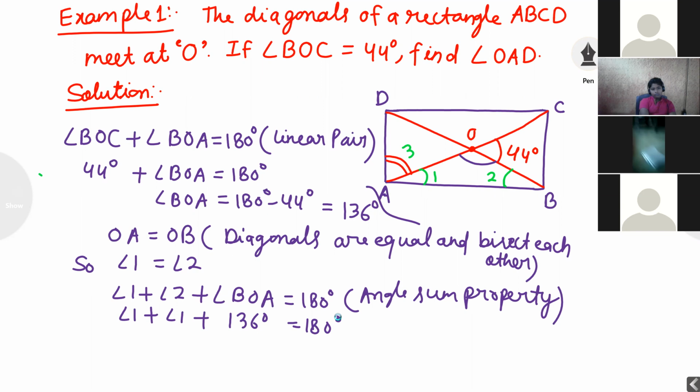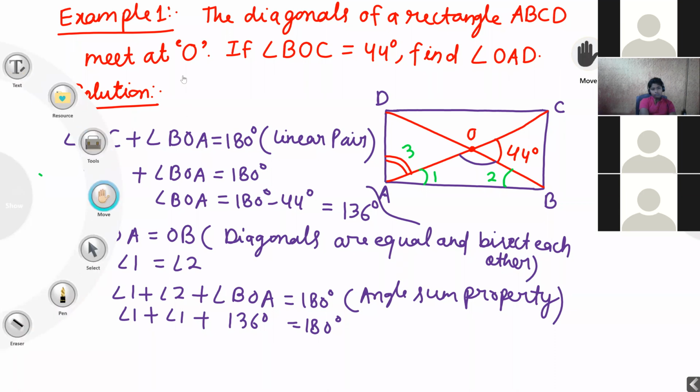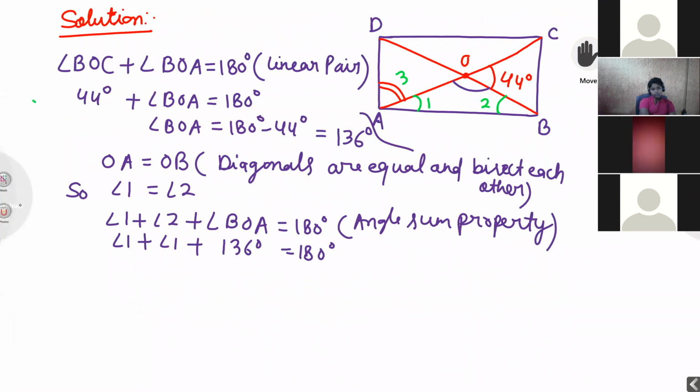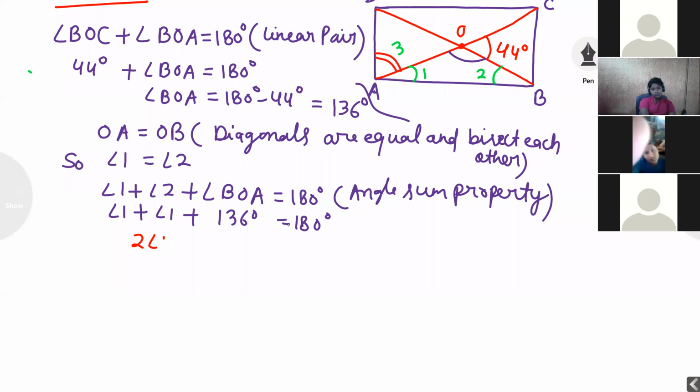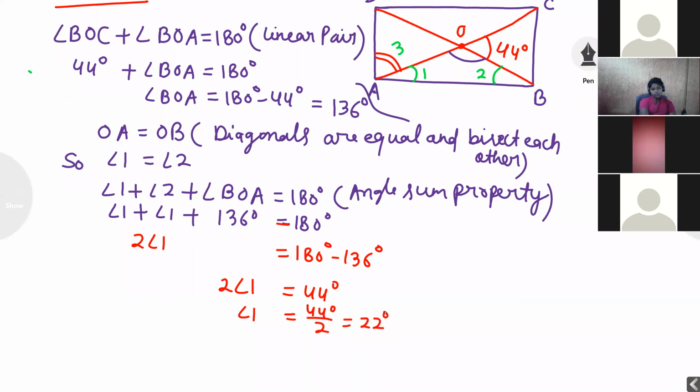Now angle 1 plus angle 1 is 2 angle 1. 2 angle 1 is equal to 180 degrees minus 136 degrees. 2 angle 1 is equal to 44 degrees. Angle 1 is equal to 44 degrees divided by 2 is equal to 22 degrees. Angle 1 has come 22 degrees.